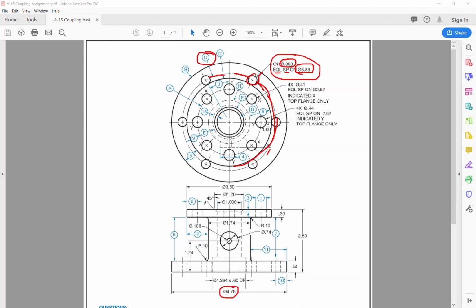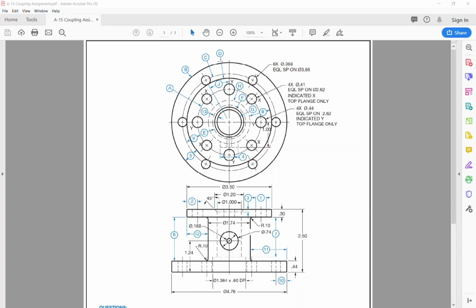So you read this in order. There's 6 holes that are all 0.368 inches in diameter, and they're equally spaced on a diameter 3.86 inch bolt hole circle. So the answer to C is 3.86.